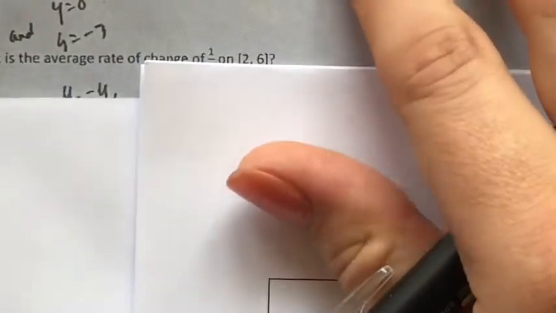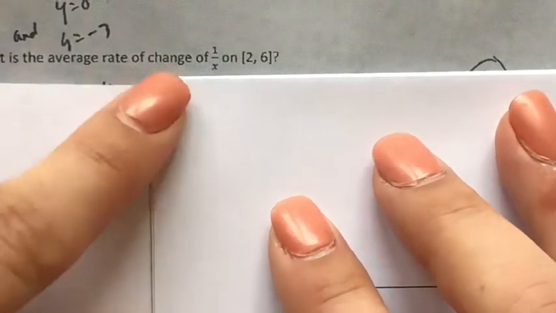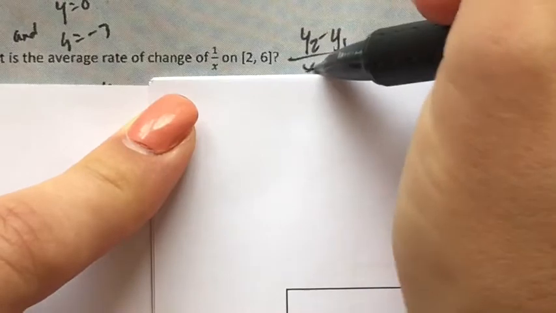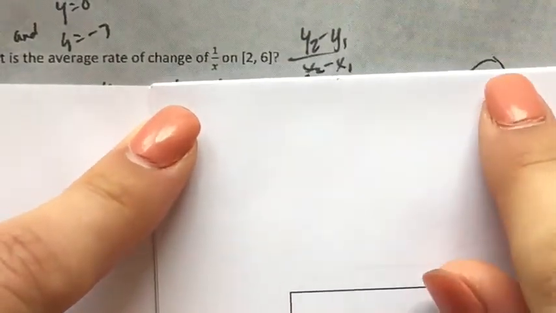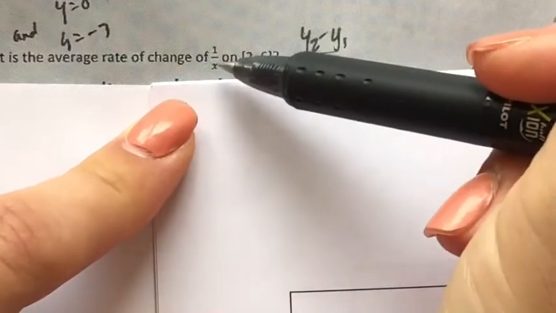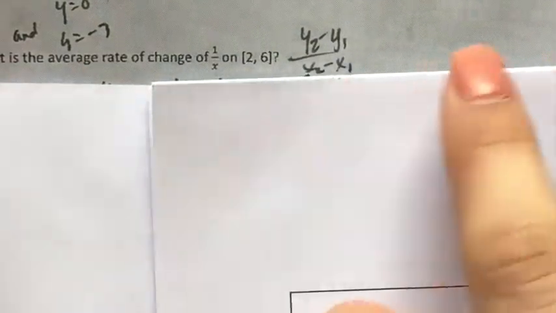Okay, let's do this one, a little review of AROC. Average rate of change, so you're thinking just y2 minus y1 over x2 minus x1. This is the function, and these are your x values, so figure that out.